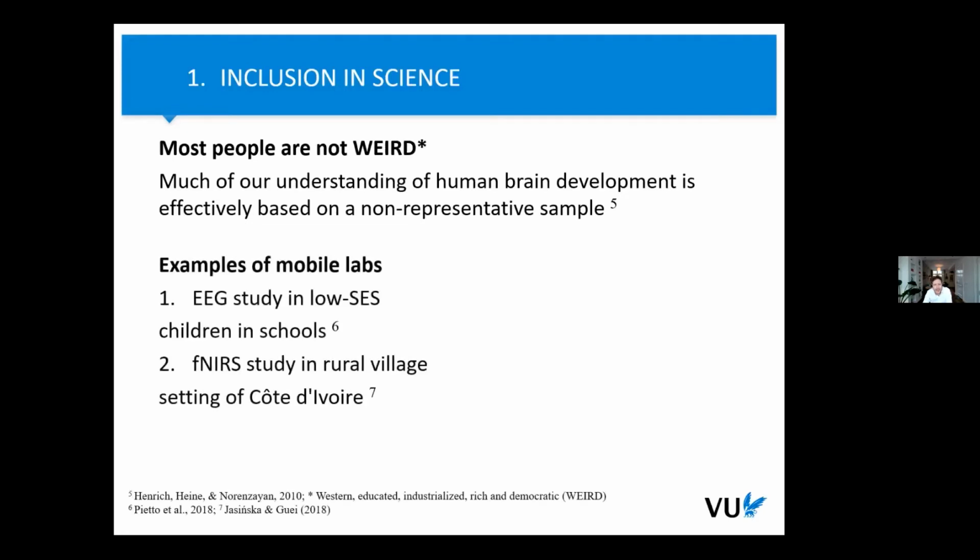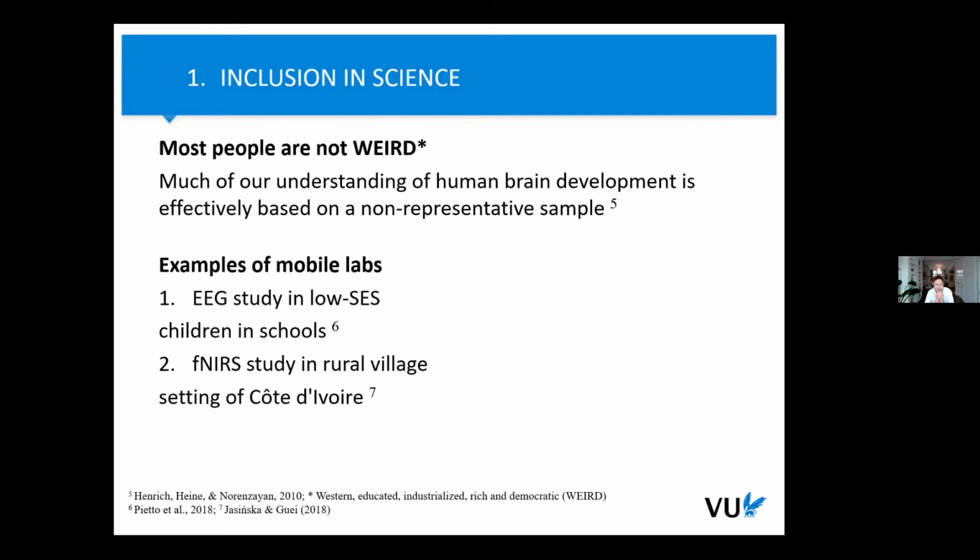So there, the use of mobile neuroimaging comes in as well. I explained that mobile neuroimaging can be used to get more representative situations in research, but you can also use it to get more representative samples. Here are two examples. The first one is a study by Pietro and colleagues.